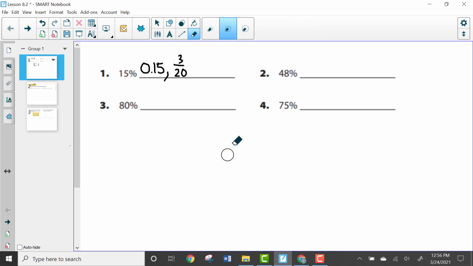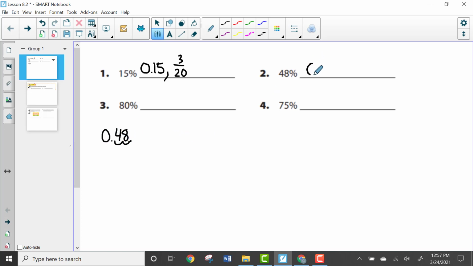So let's take a look at number 2. 48%. So again, 48%, we're going to change that to a decimal. It's understood that the decimal is to the right of the ones place if we don't see it in our number. Changing it into a decimal, you take that decimal, move it 2 places to the left for 48 hundredths. So that's 48% as a decimal. If we're going to write it as a fraction, remember, since it's a percent, it's out of 100, so we have 48 over 100.